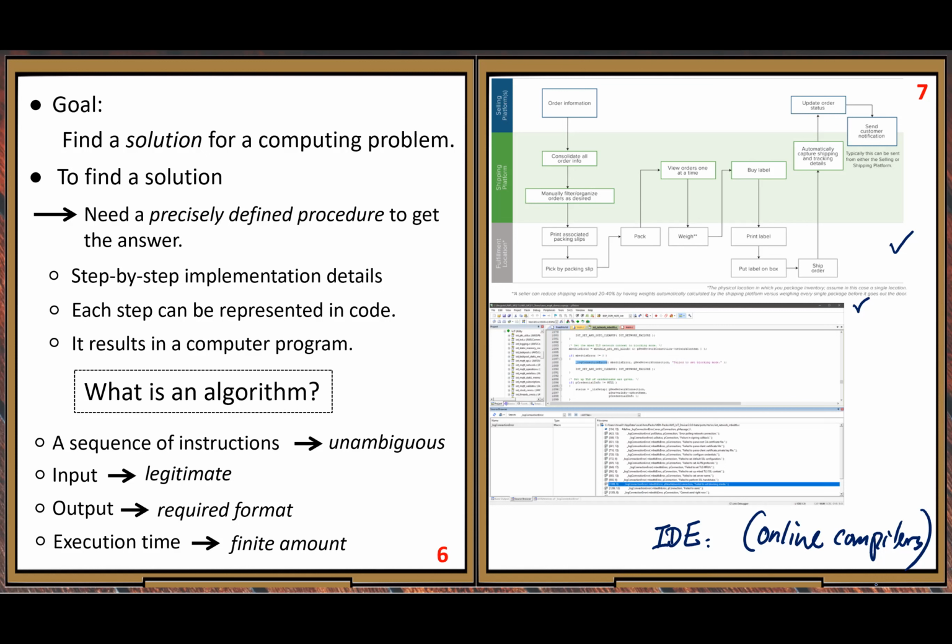The minimum requirement is that your program must terminate at some point. But you should not be satisfied with a finite amount, because a finite amount could be a very large number. The response time could be a very large number.